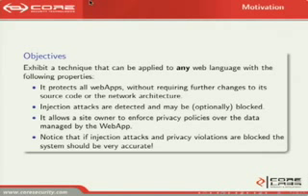It also must allow the owner of the web application to define policies over data, and the system must enhance privacy over this data. One important aspect of these objectives is that if we want to detect and block injection attacks, we must be very accurate. Otherwise, we will fall into a big amount of false positives, and we don't want that.